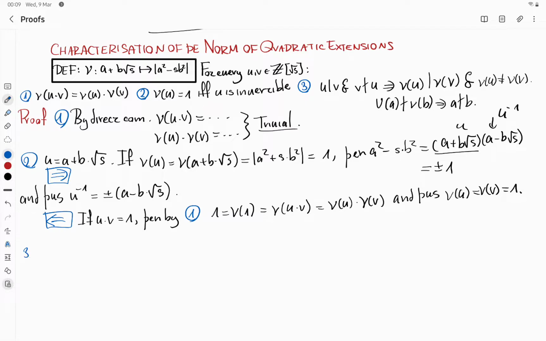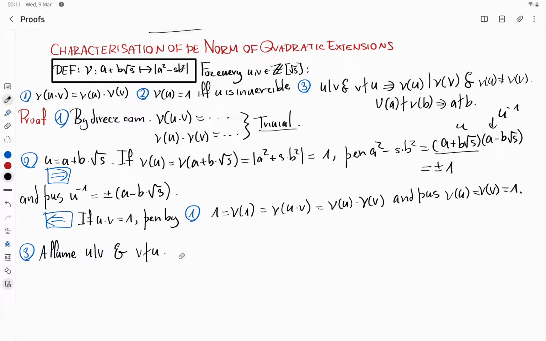Number 3. All right, so assume that u divides v and that v does not divide u.